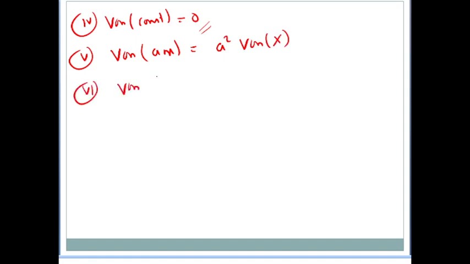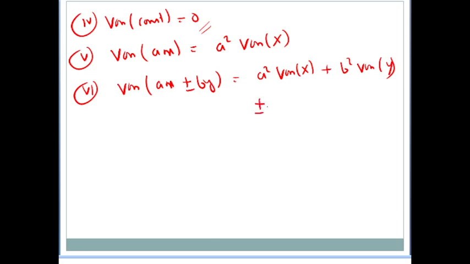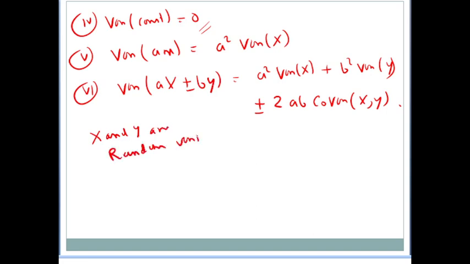Now the variance of ax plus or minus by is equal to a squared variance of x plus b squared variance of y plus or minus 2ab covariance of x comma y, where x and y are random variables.